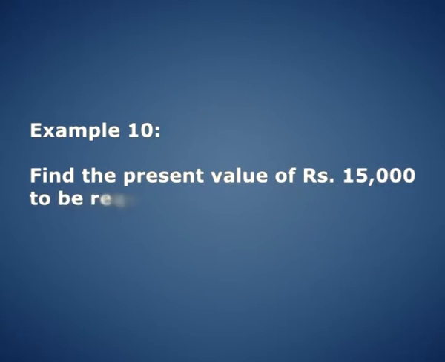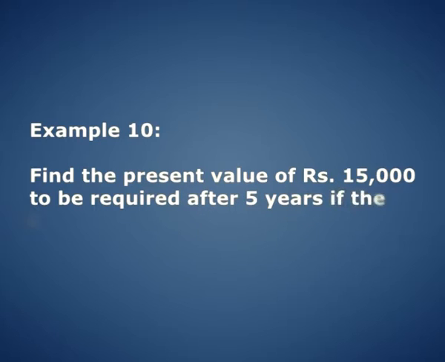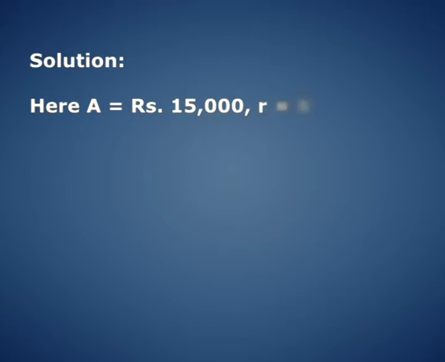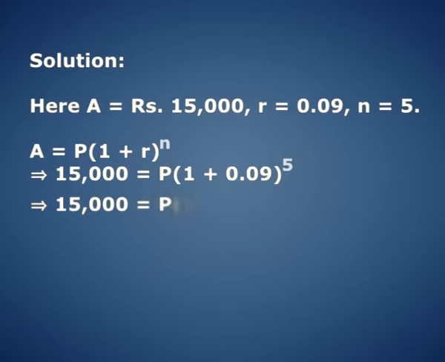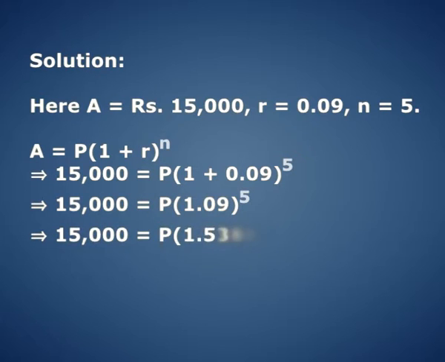Find the present value of rupees 15,000 to be required after 5 years if the interest rate is 9%. Let's see the solution. Here A is equal to rupees 15,000, R is equal to 0.09 and N is equal to 5. So A can be calculated as P times (1 plus R) to the power N. So that gives us 15,000 is equal to P times (1 plus 0.09) to the power 5.